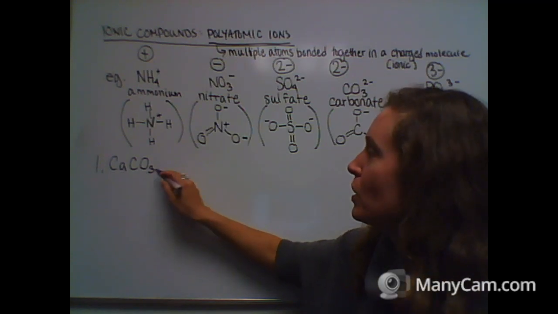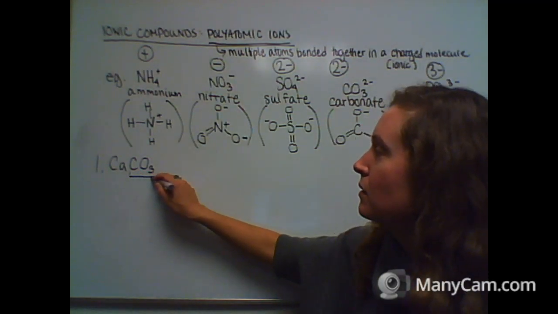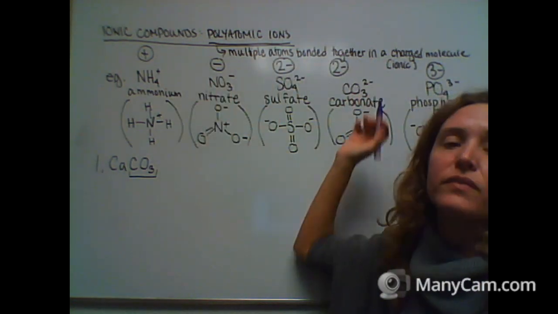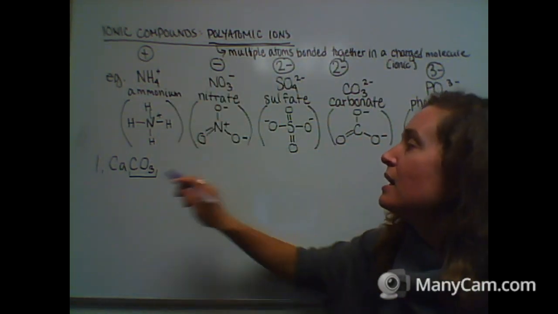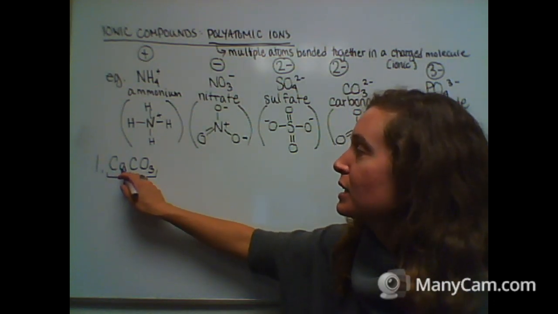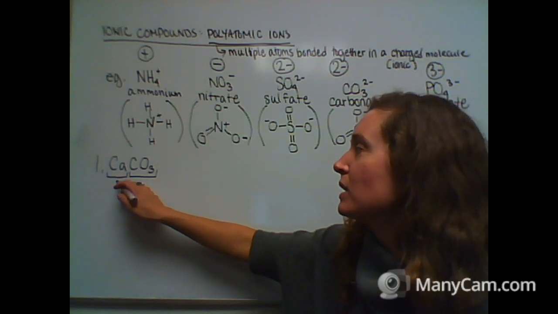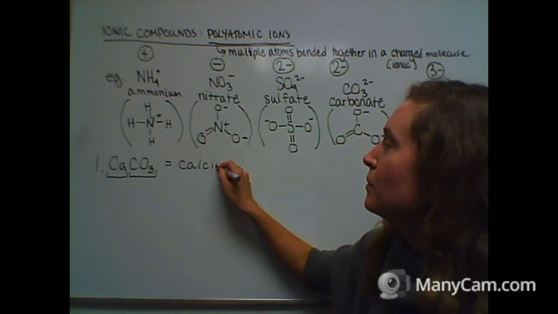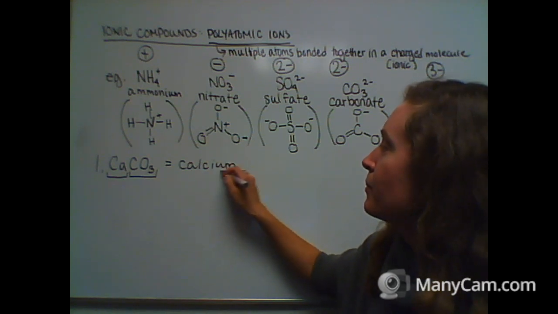Okay, so we know that that's carbonate because we can look in a list that we have and figure that out, which I'll show you in a second. And this right here, this is an uppercase C with a lowercase a, so we know that is an element. That's calcium. So this is calcium carbonate.